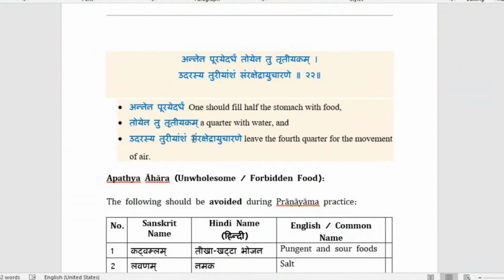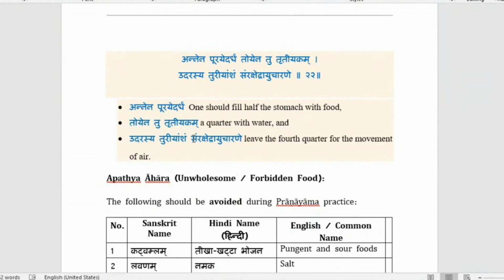Why I am telling you this? Because in exam they might ask in match the following: चतुर्थांश विवर्जिता and उदरस्य तुर्यांश. दोनों का मतलब वैसे एक ही है, but the way it is said is different. तो आपको पता होना चाहिए, you should know which is from Hatha Pradipika and which is from Gherand Samhita. Then in Hatha Pradipika, it is only said that 1/4 part should be left empty.